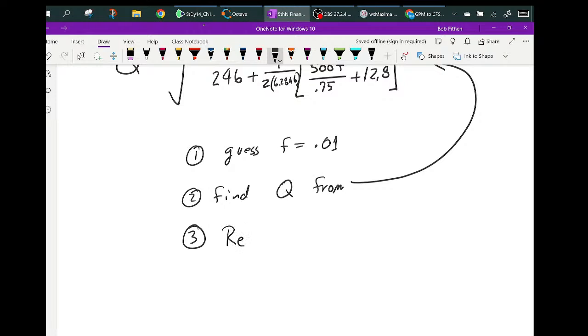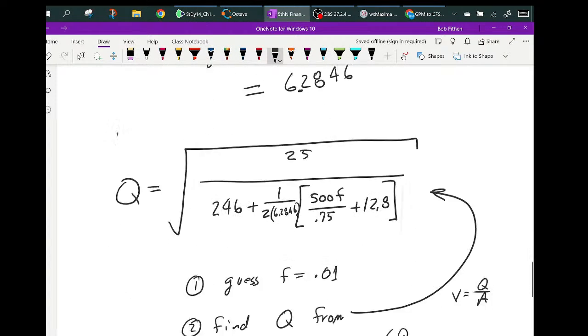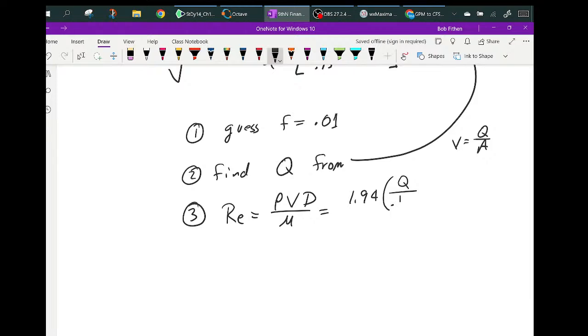And 3, find the Reynolds number equal to rho velocity diameter over mu, which is 1.94 times, okay, remember here, V is equal to Q divided by A. So take the Q divided by the A, which was 0.44179, and then the diameter, which was 0.75.